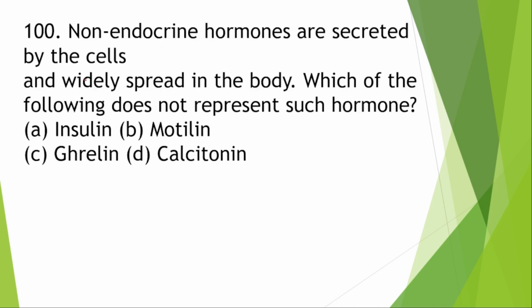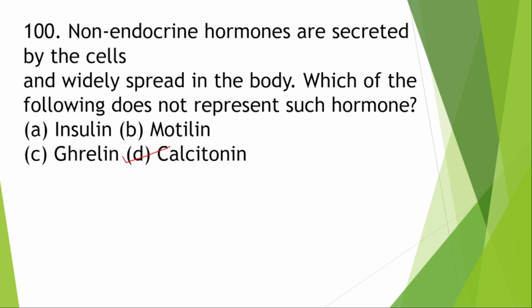Next, question number 100. Non-endocrine hormones are secreted by cells and widely spread in the body. Which of the following doesn't represent such a hormone? A. Insulin, B. Motilin, C. Ghrelin, D. Calcitonin. So here the right option is option D, calcitonin.